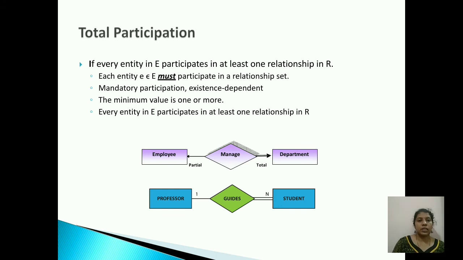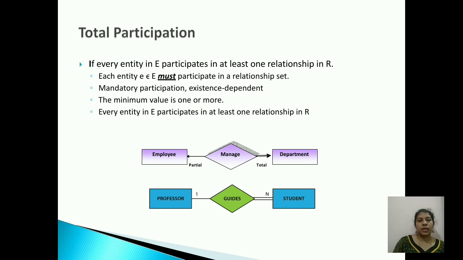Above, you can also see employee manages department, which I already explained. Now you can see the difference here. In one picture we have shown the arrow mark, and in another we have used 1 and n notation. The cardinality ratio can be represented either using an arrow and a straight line, where the arrow indicates 1 and the simple line indicates many, or you can specify 1 and n for many, so it is a 1:n relationship.